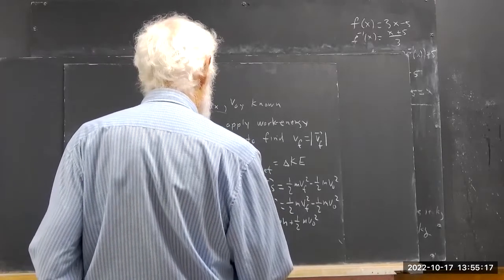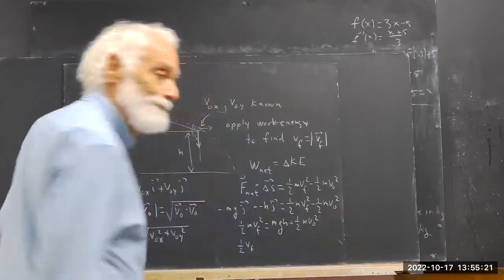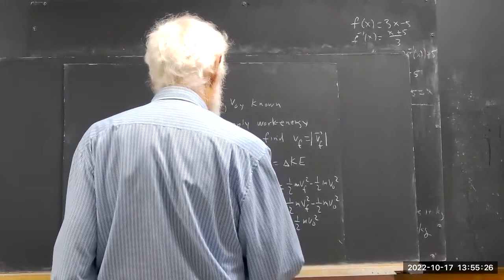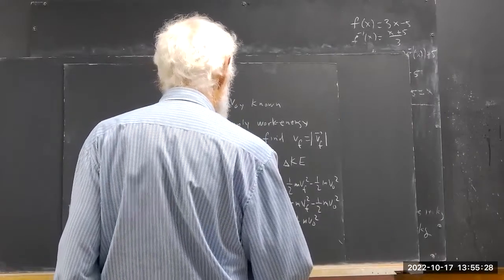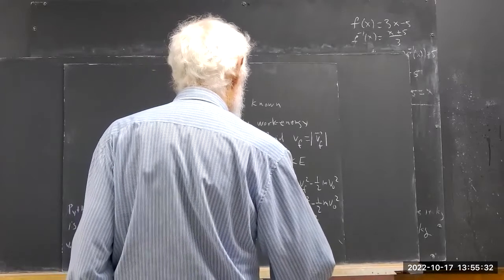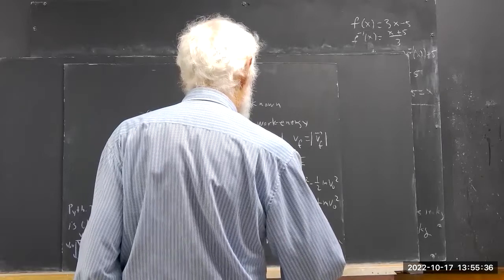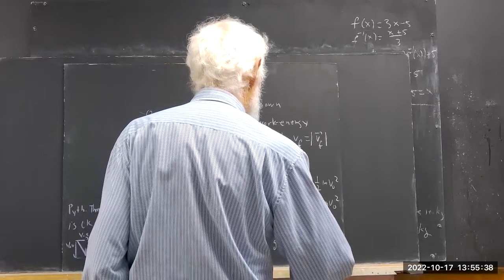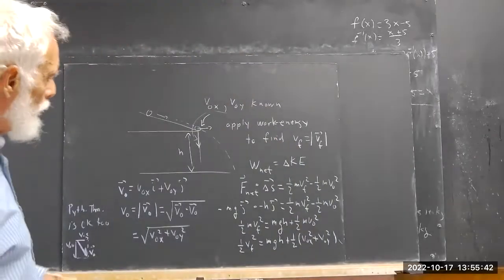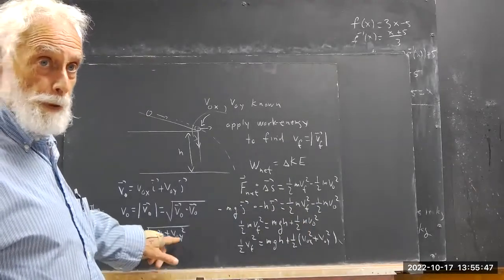Okay, so I'm finally going to get rid of that m as a factor in everything. I don't even really bother writing v naught as the square root of v naught x squared plus v naught y squared.